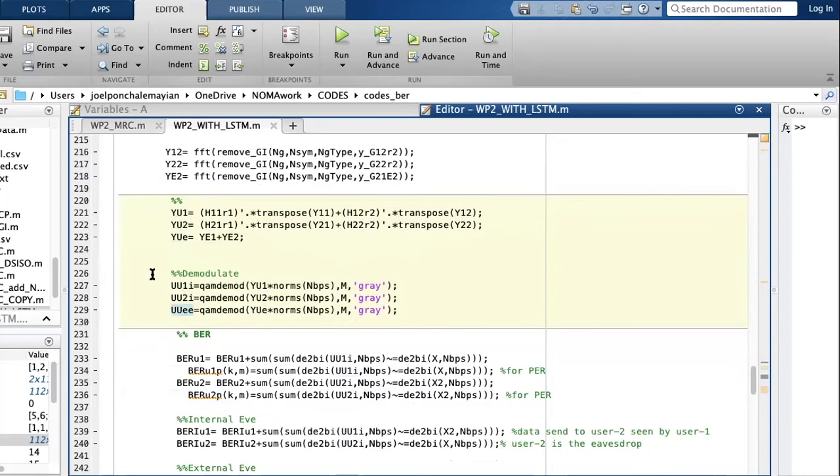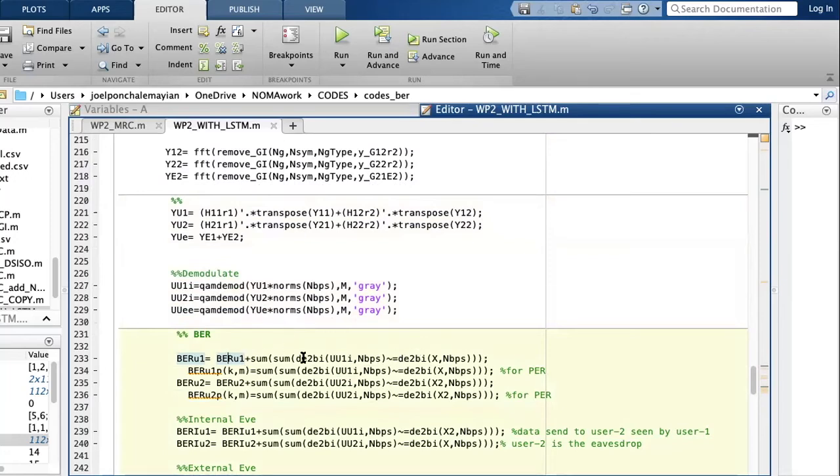And then after you receive your data, we come here where we try to find our bit error rate. Basically, with bit error rate, what we're trying to find out is how much information we have received, for example, in user 1. Did we get exactly what we sent?